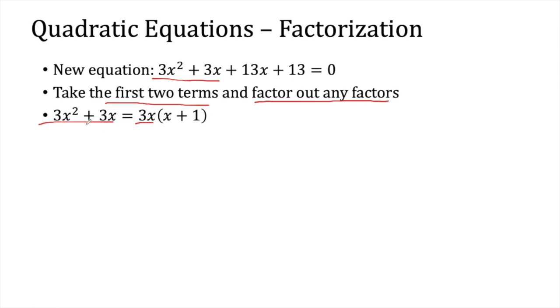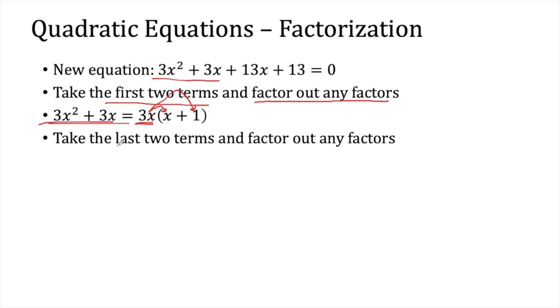So we can factor out 3x, and we can write 3x times x plus 1, since 3x times x is 3x squared and 3x times 1 is 3x. So just by doing a normal binomial expansion, you will get back the original term.